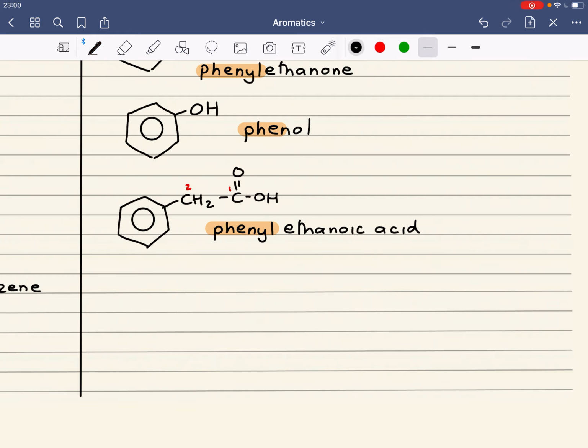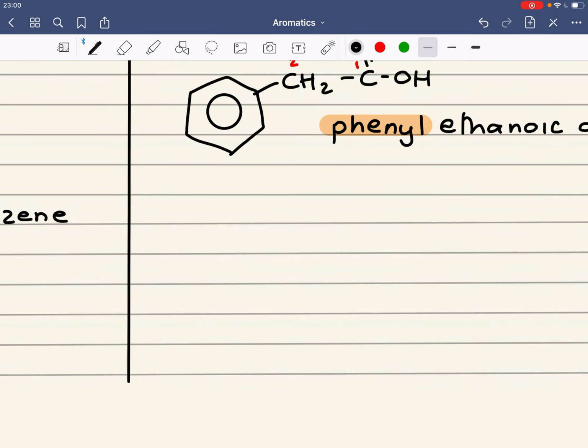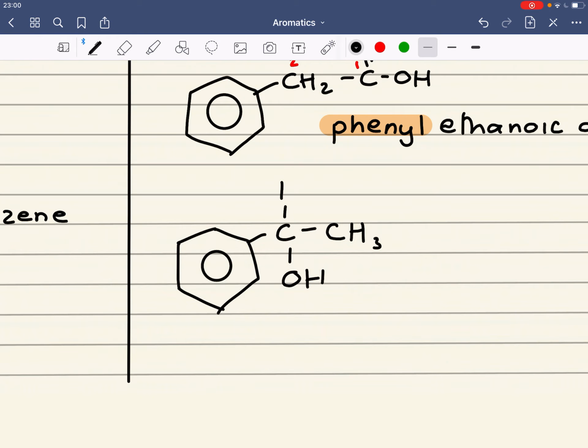We're going to have a look at naming a couple of alcohols. Now, if you've got this molecule here, the alcohol would have priority, and as such, this carbon here will be carbon 1.